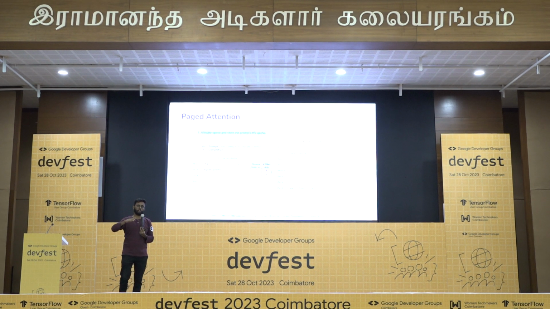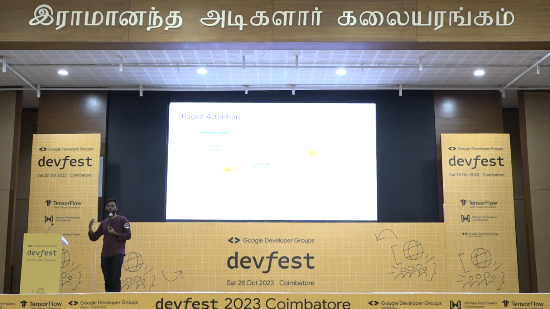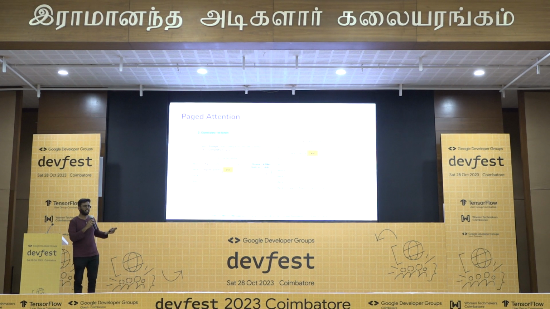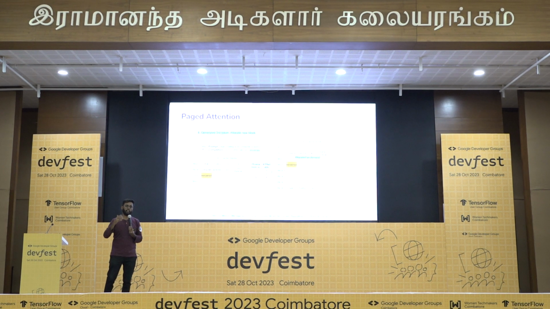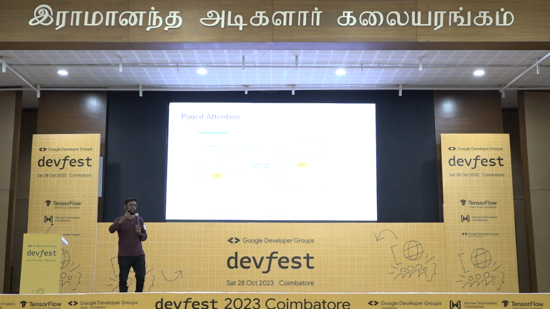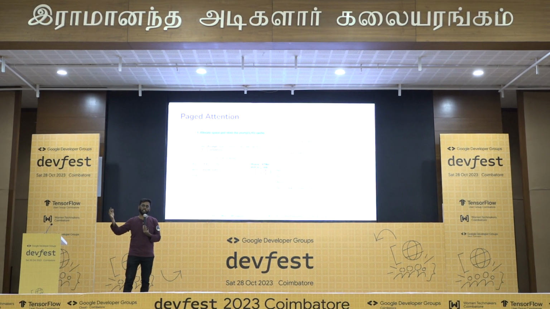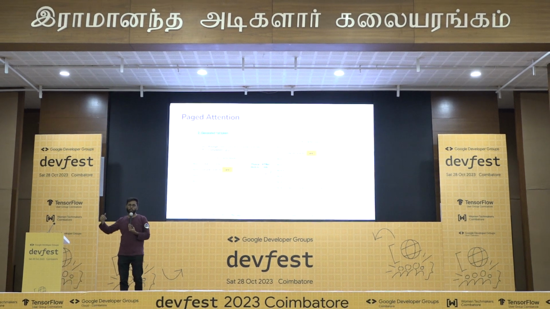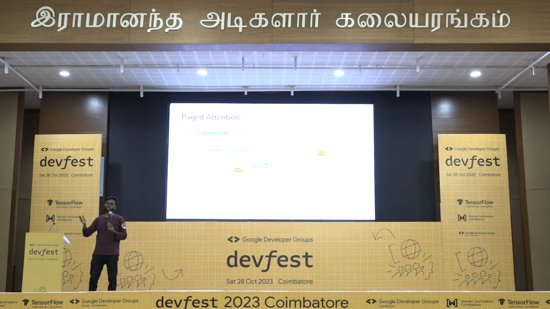Another technique when it comes to batching is paged attention. One other challenge that we have is, let's say you have a batch of 4 sentences, and when I execute it, I have to pre-allocate a set of memory chunks in my GPU RAM. The usual way of doing it is they pre-allocate a lot.